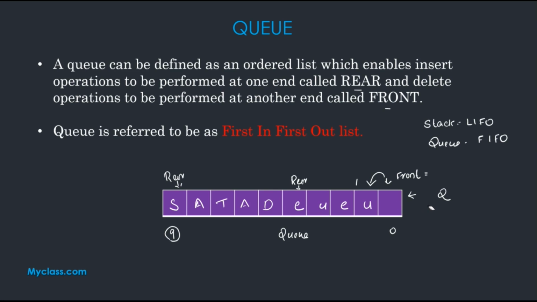But at the time of insertion, we are only pointing to our rear side. If rear is pointing to the very last element of this queue data structure, even though there is free space at the front side, we can't insert more elements into our normal simple queue.